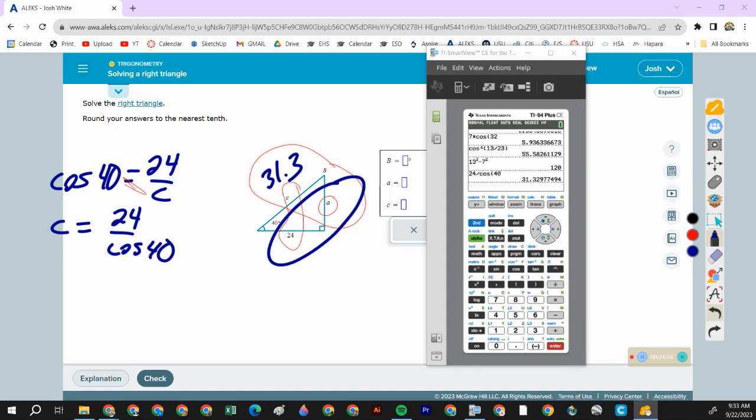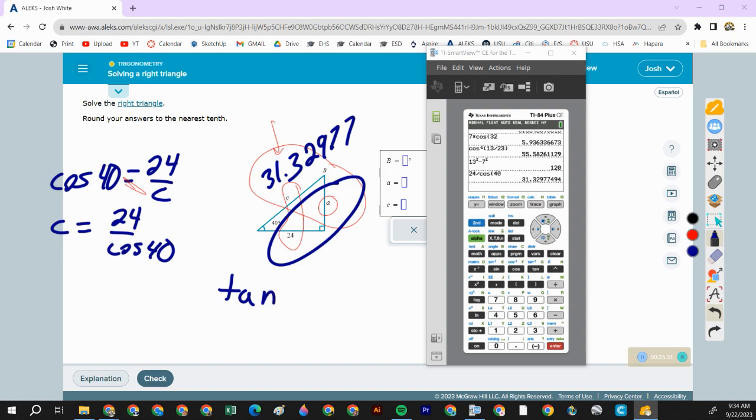One of them is a better choice than the others. Why? Well, this is an approximation. It's been rounded. So there is a chance if I use 31.3 that my answer is going to be slightly off, enough to make Alex mad. So if you're going to use 31.3, I recommend that you use several more decimal points. Or don't use the 31.3 and use the 24 instead with the tangent.